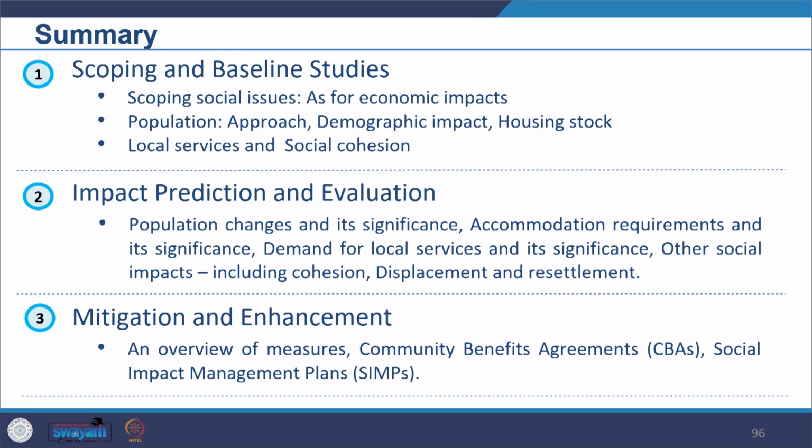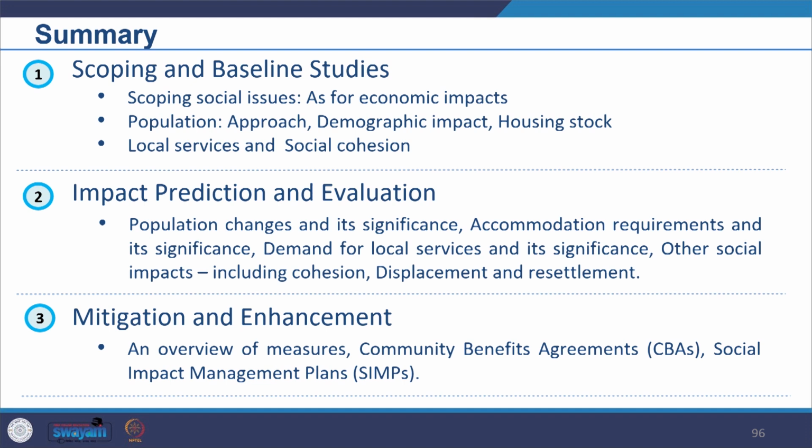So summarizing what we covered today. We looked at the scoping and baseline study stage, what all you need to take care of, what the possible impacts are, and how you collect data for that. Then we looked at impact prediction and evaluation: how do you evaluate the significance of any change which you see?